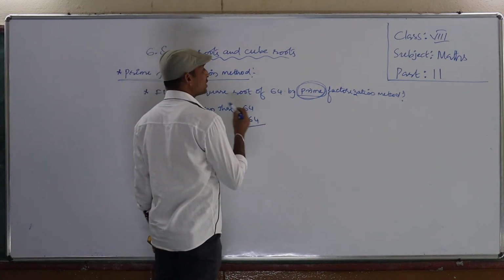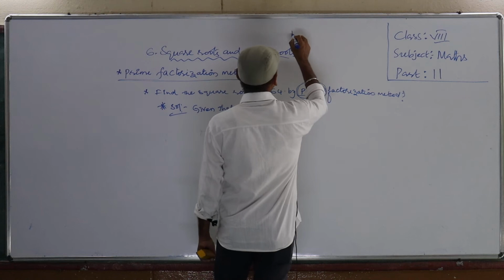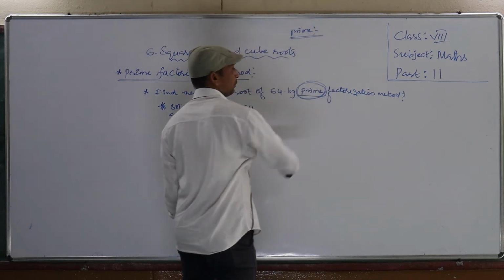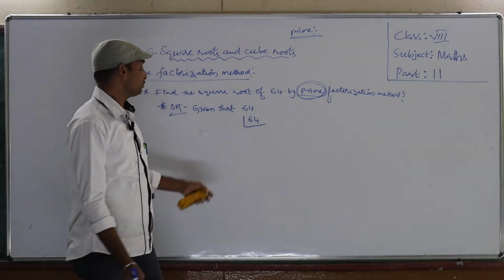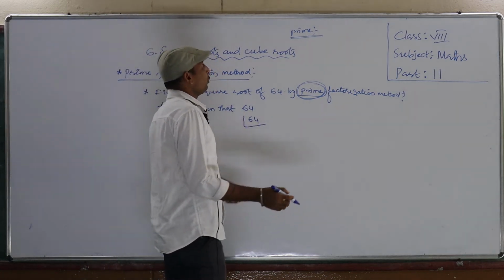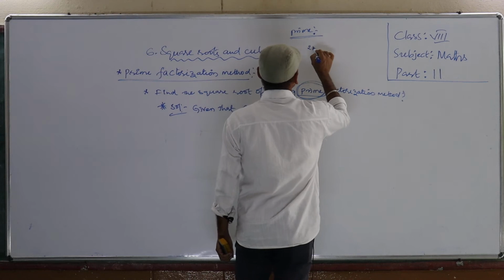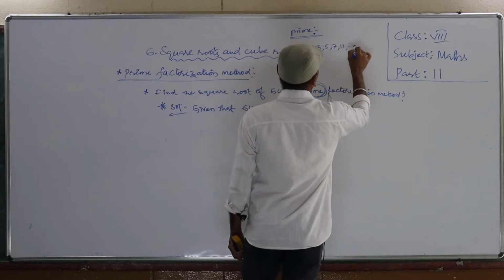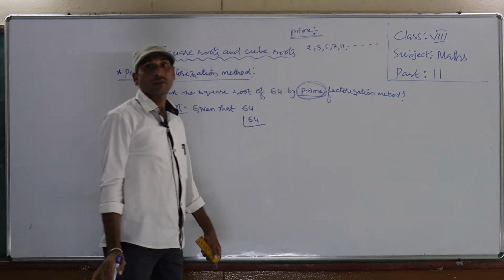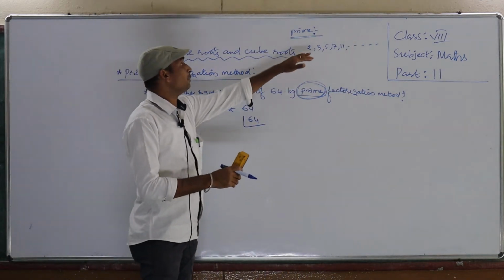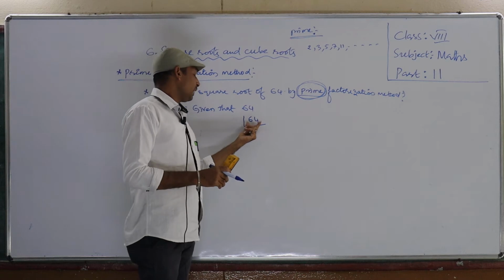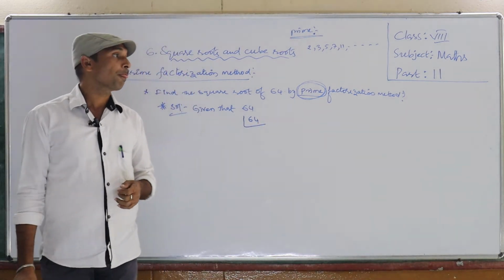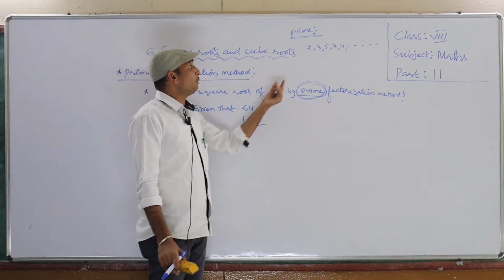The first prime number, what are the prime numbers? We already studied in the previous class: 2, 3, 5, 7, 11, and so on. So we have to take the first prime number. Here the given number is 64, divided by 2.